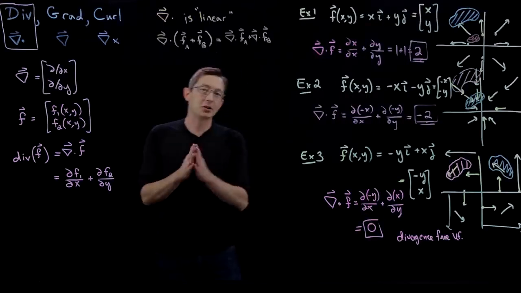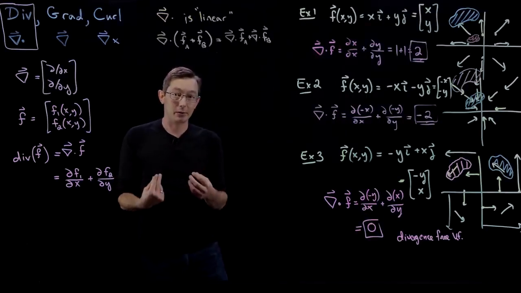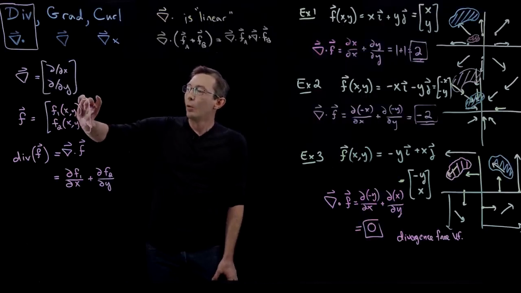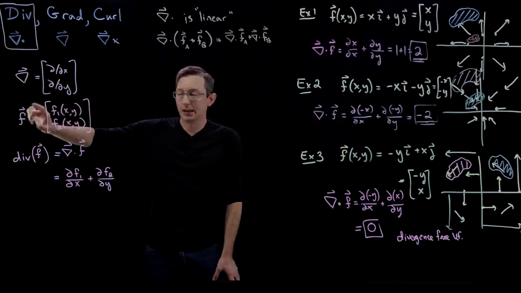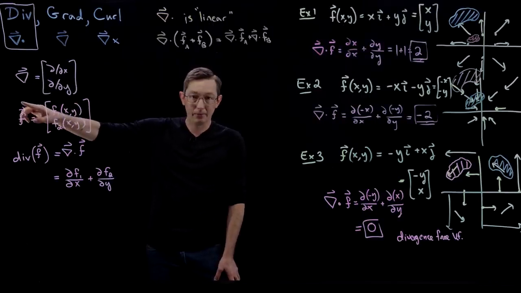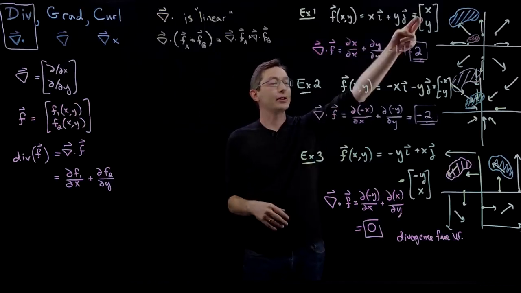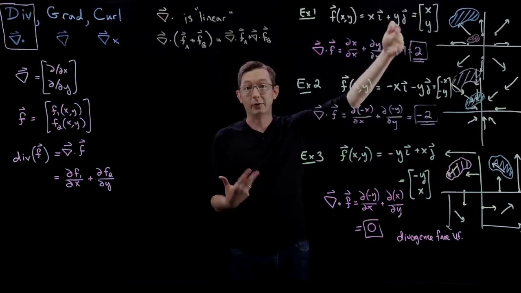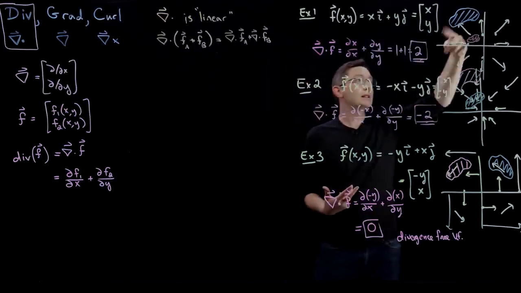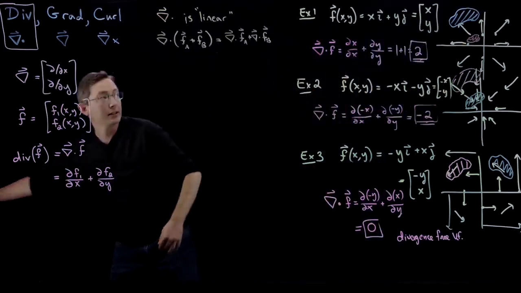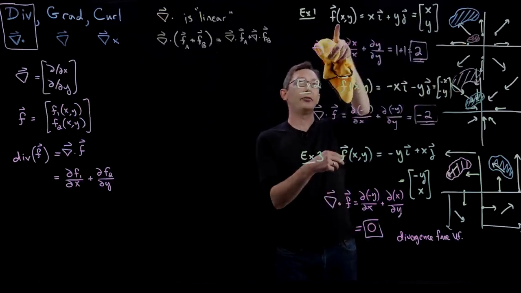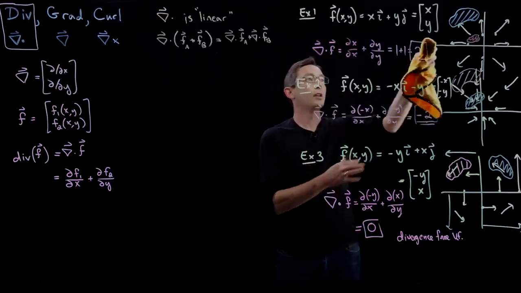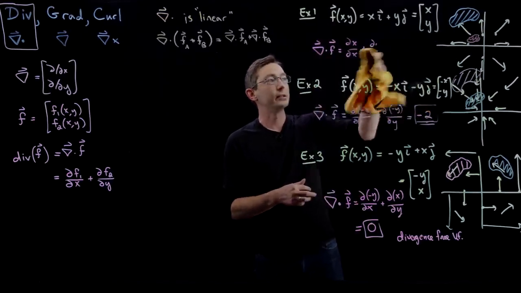There's a couple things I want to show you here because I think this is really useful. When I have a vector field like this f arrow, you can think of these vector fields as establishing a differential equation. So if I take this f bar of x and y, let's just rewrite this as a differential equation.